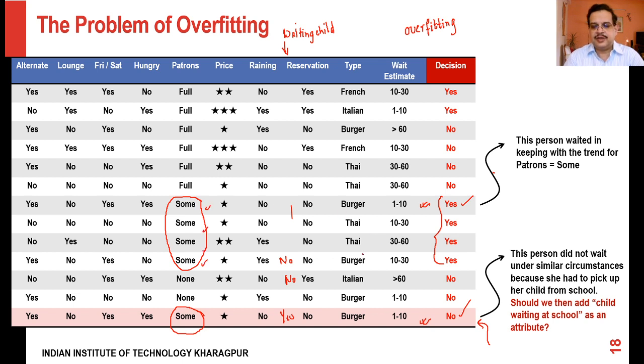And if there is an anomaly like we see here, where I have the decision as no, then we simply treat that as an anomaly and say that, well, that was a one-off case, but it does not really determine the decision in general. Okay.